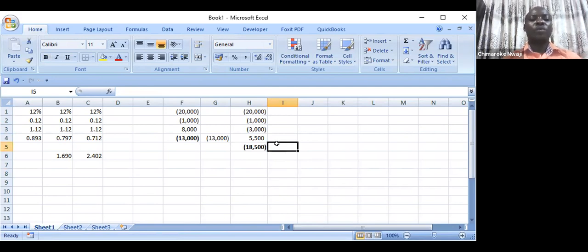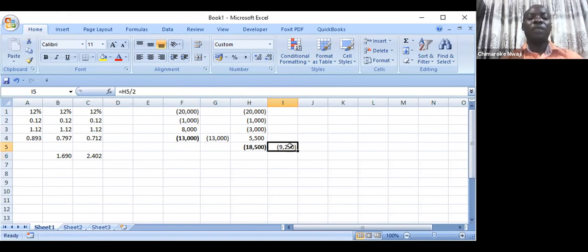Now what do you do? You look for this sum that you've got in the net cash flow divided by 2 years. So remember, the method here is you divide by the number of years. But when we are using time value of money, we are dividing it by the discount factor for the years.